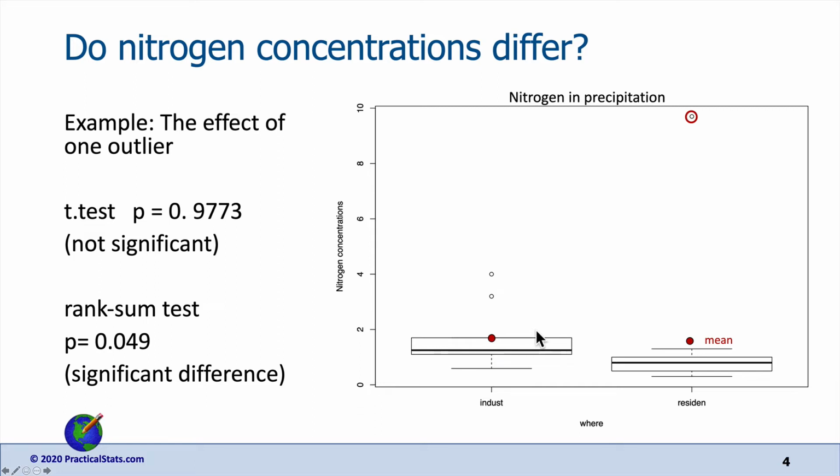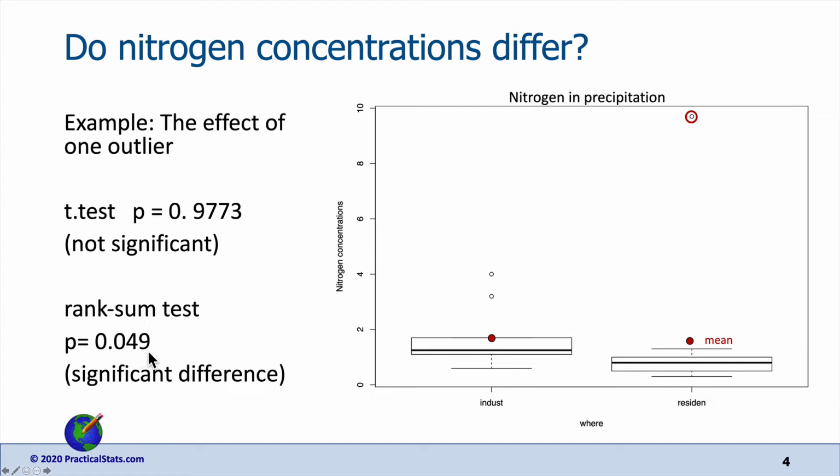So if the null hypothesis for the rank sum test were true, about half the time the industrial group would be greater than the residential group, and about half the time the residential group would be greater than the industrial group. That's a non-parametric test, a test on frequencies, and you can see from the box plots that it's more often true that the industrial site is greater than the concentrations at the residential sites.